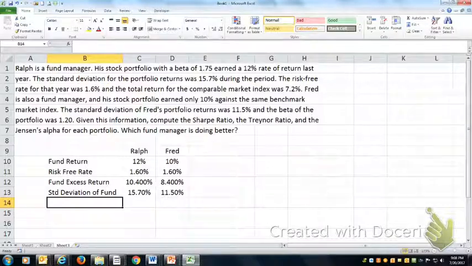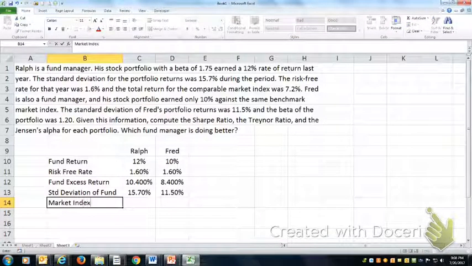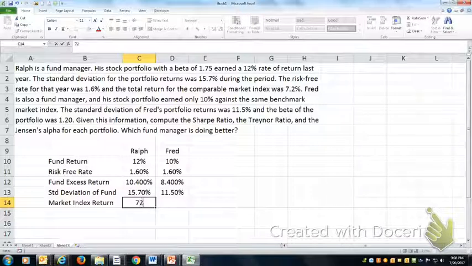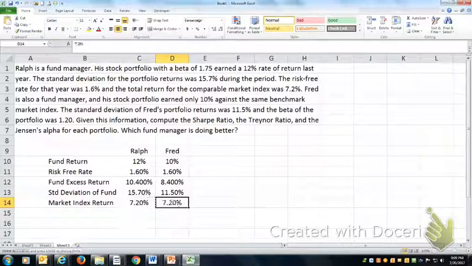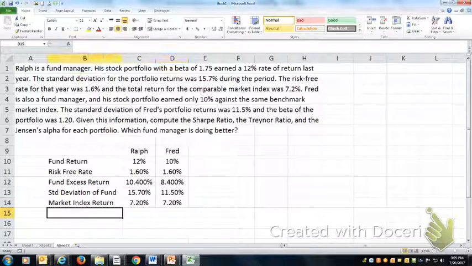I also know that the market index return was 7.2%, which would be the benchmark both Ralph and Fred are measured against.